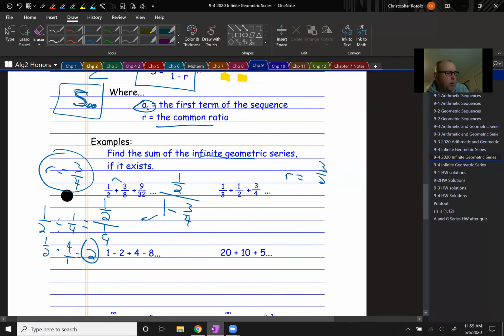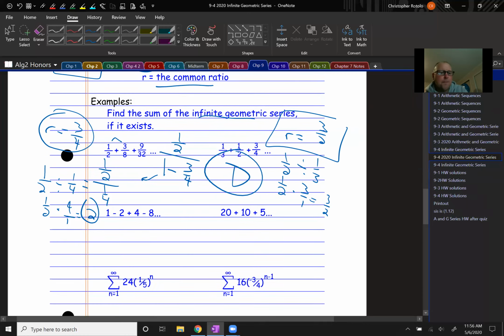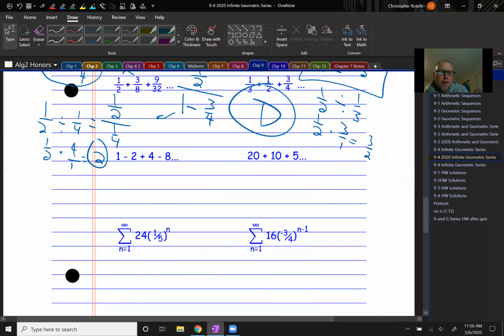So remember, we're going to work backwards if we need to figure that out by doing 1/2 divided by 1/3. So that's 1/2 times 3 over 1. So that's how I'm getting 3 over 2. If r is greater than 1, 3 over 2, then this is divergent, and we get to stop right there because it diverges.